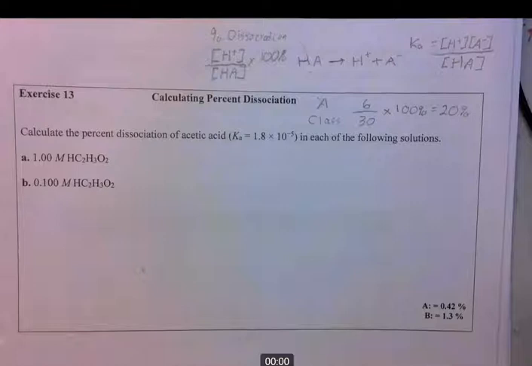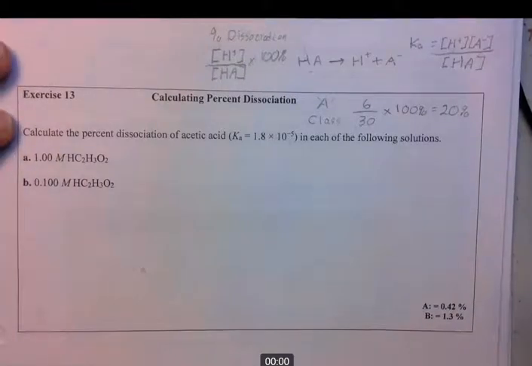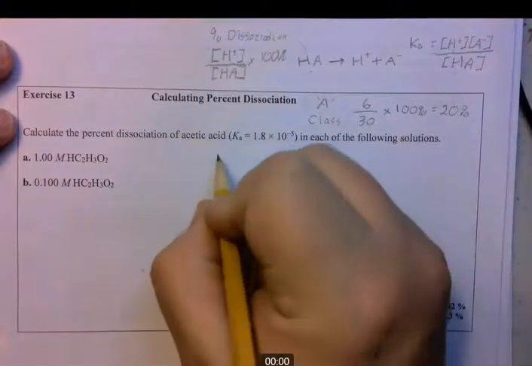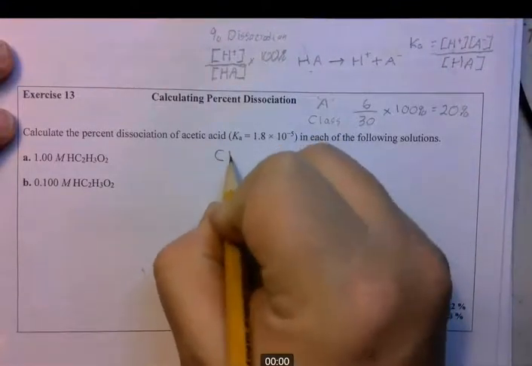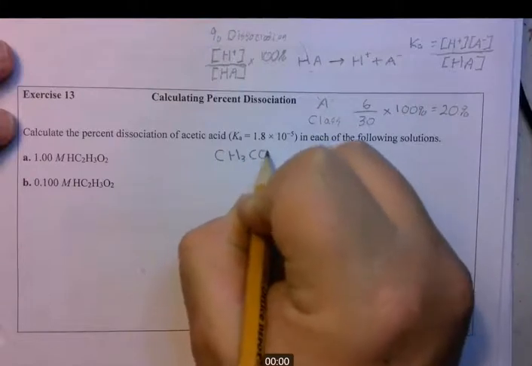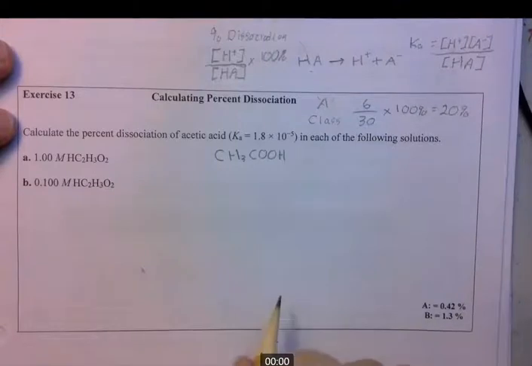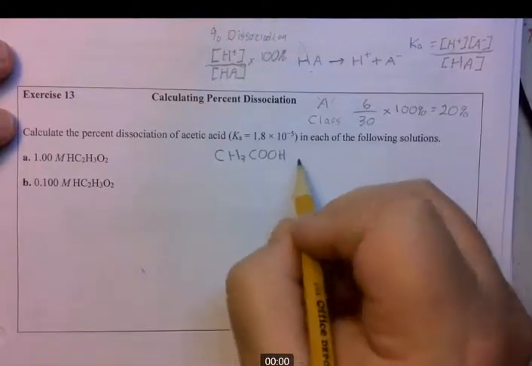All right, so we still need to use an ice table. So write the reaction for acetic acid. Okay, and that's going to be CH3COOH, where this is the H that's going to dissociate. That's the proton that's going to break away.